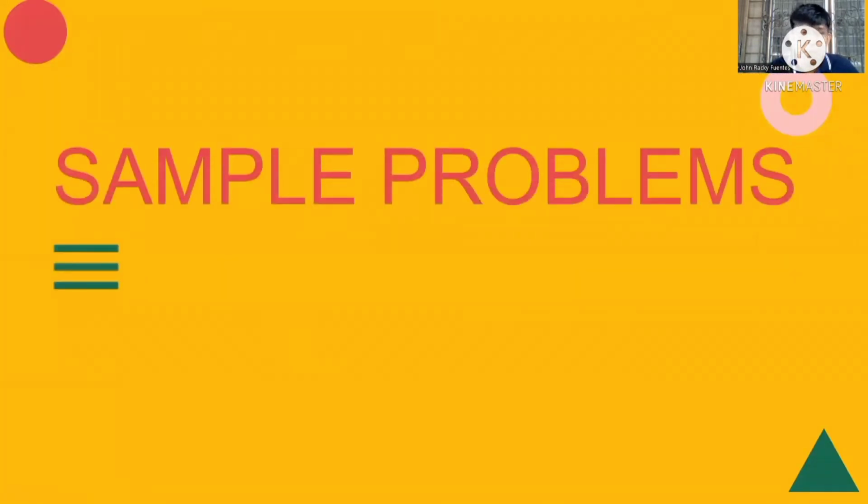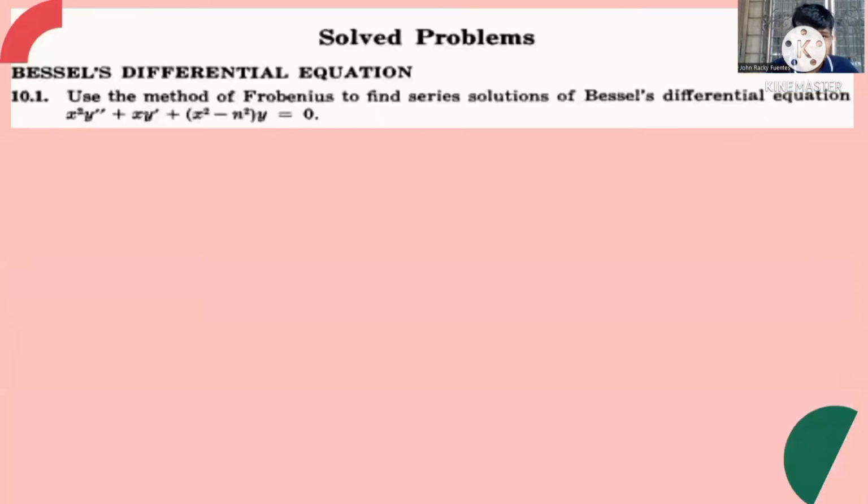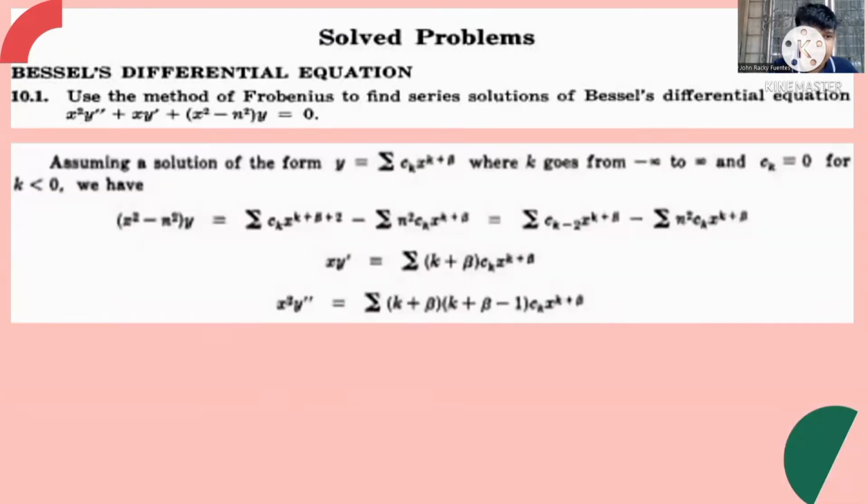Let's go to the sample problem. Solve problems: Bessel differential equation. Use the method of Frobenius to find the series solution of the Bessel differential equation x squared y double prime plus x y prime plus (x squared minus n squared) y is equals to 0.